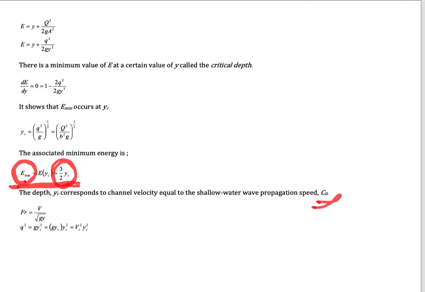Because we assume that the Froude number is equal to 1, we could have the calculation like this. We have V here, and we substitute V with Q square over y square. Then we substitute the value of the Froude number equal to 1, and we could have these terms.